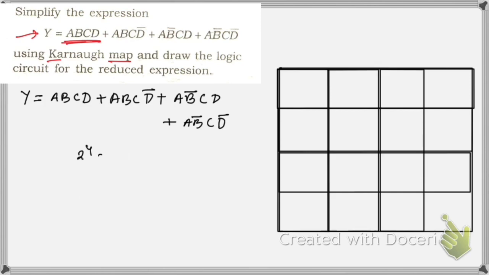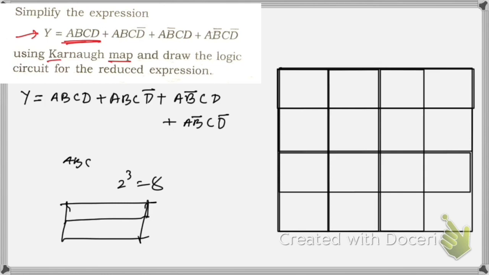And suppose if you had 3 variables, A, B, C, then you have to take 8 blocks, right? 8 squares.